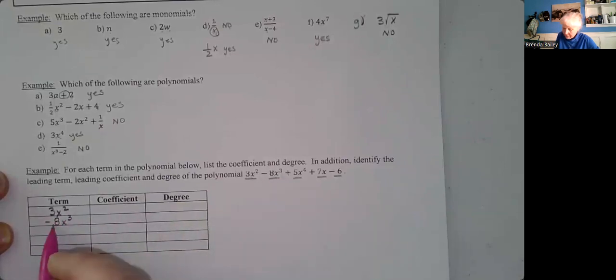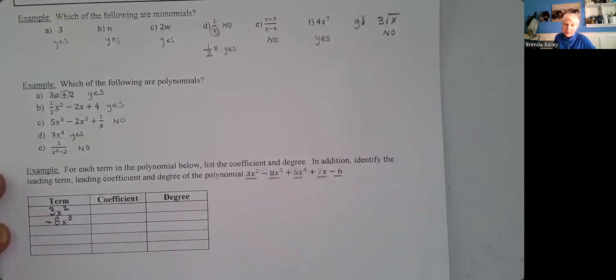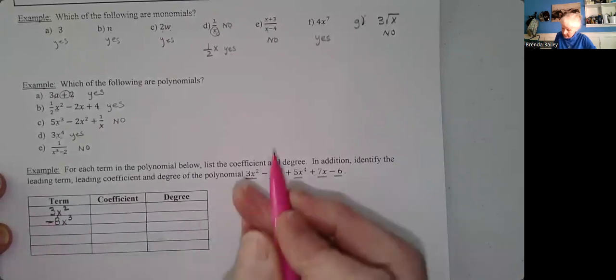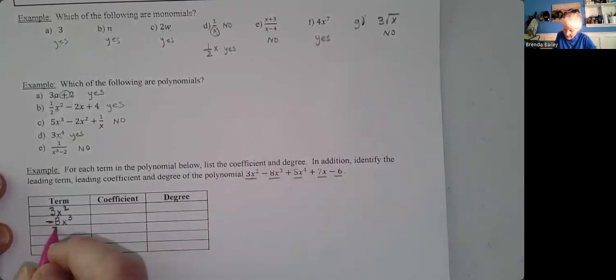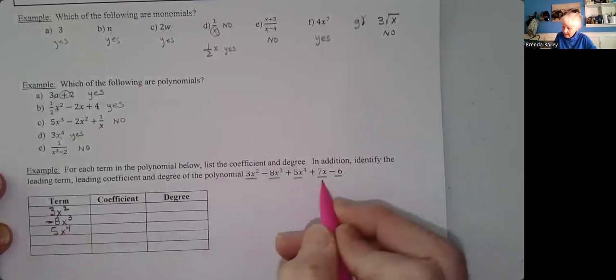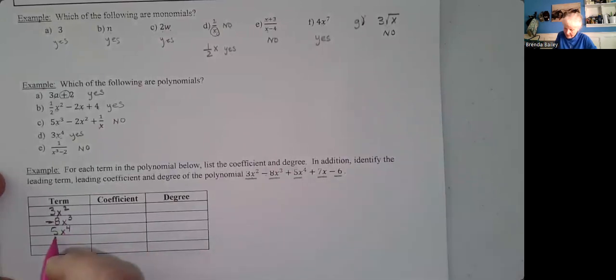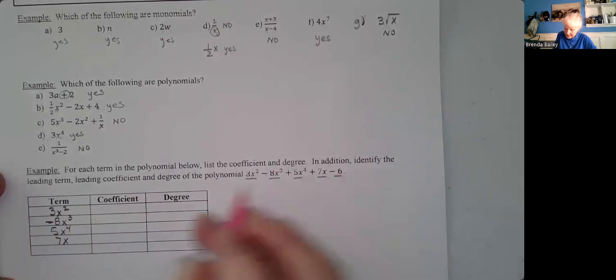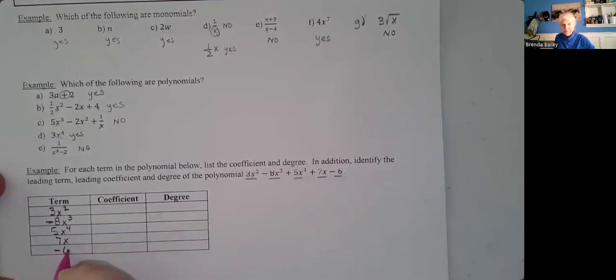Notice I put the negative in front. So you do have to put the negative in front. If it's a subtraction, it stays with that term. The next one, 5x to the 4th. So far, so good. The next term is 7x. And our last term is a minus 6.